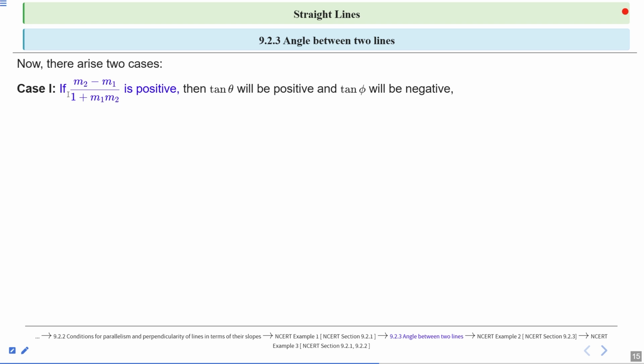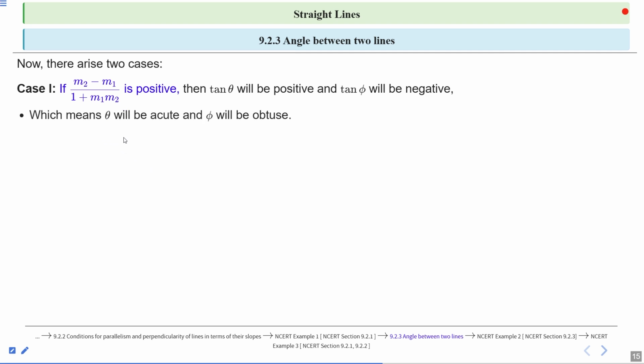If m2 minus m1 divided by 1 plus m1 into m2 is positive, then tan theta will be positive, and then tan phi will be negative. So for this case, tan theta will be positive and tan phi will be negative. Note this point.